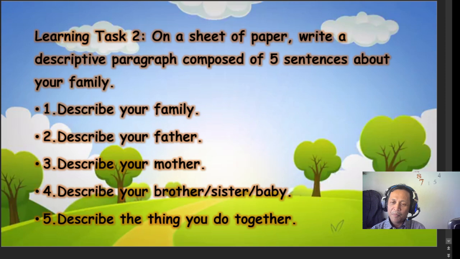She cares for us and cooks for us and maintains the house. Then you are going to describe your brother or your sister or your baby based on the things that they want to do or the things that you are doing together. Then for the fifth sentence, you are going to describe the things that you do together.